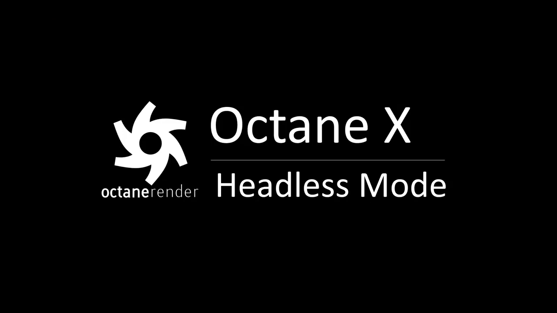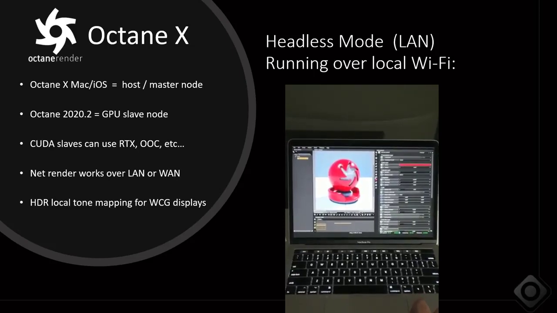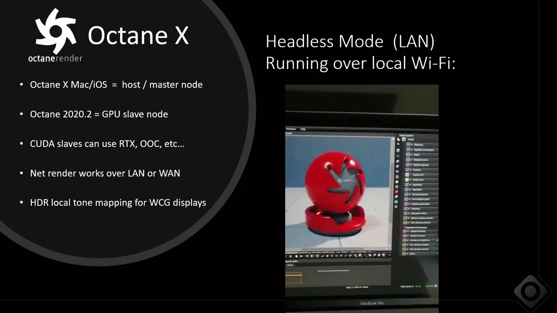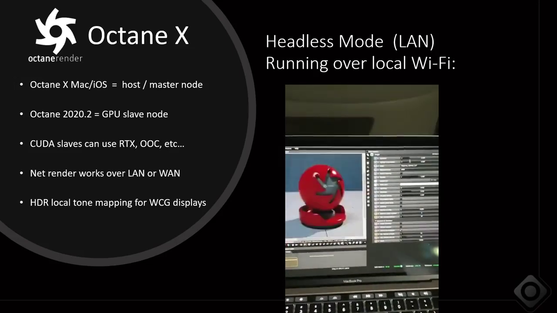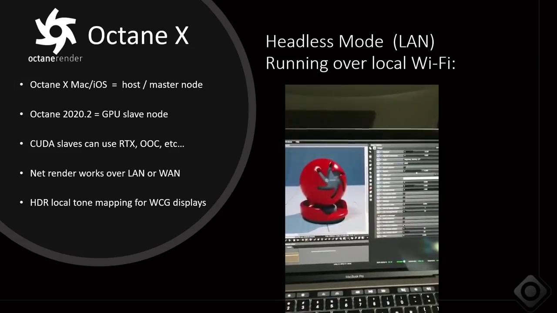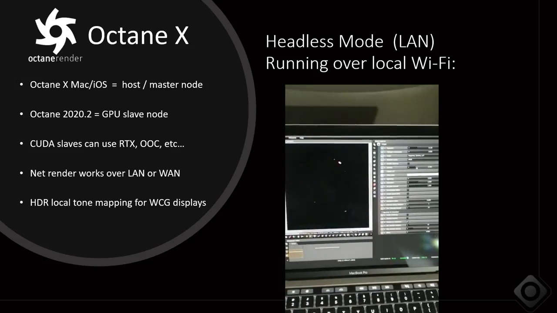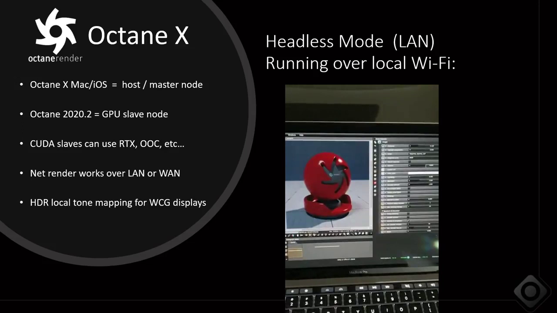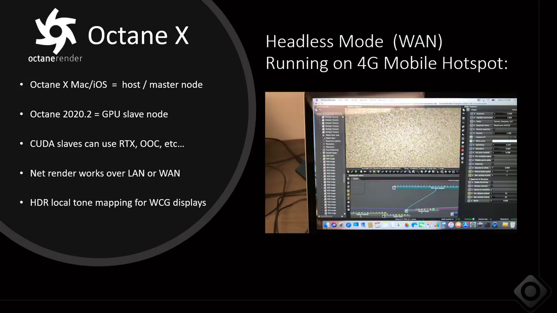You can use this for many things on the Mac. Last year we did tease one of those, which was headless rendering. What you're seeing here is only the minimum amount of Octane running on Metal on this MacBook Pro. It's actually connecting over the network, over LAN here, to an NVIDIA GPU, which could have RTX, anything you want. All of that rendering is being done over a network render slave, and OctaneX allows that to happen. We've also added support not just to do that over LAN, but to do it over cellular.